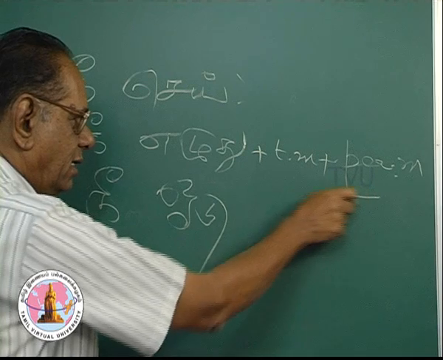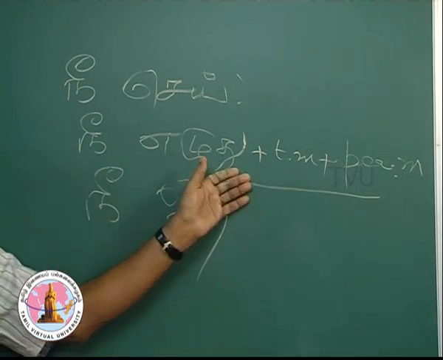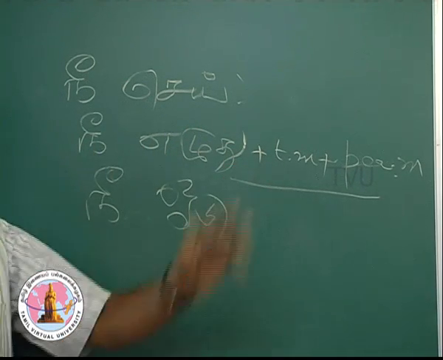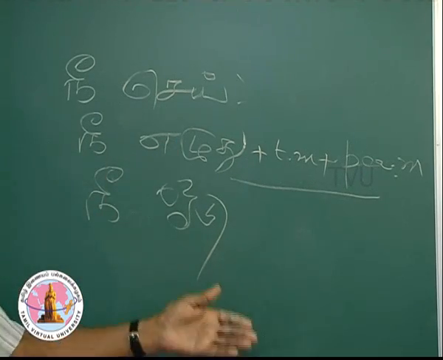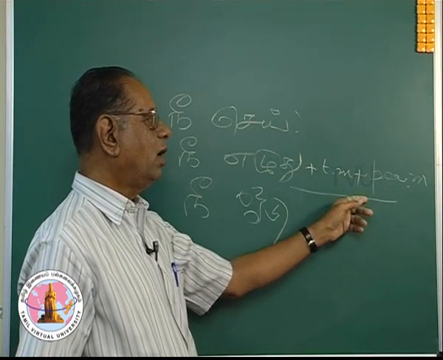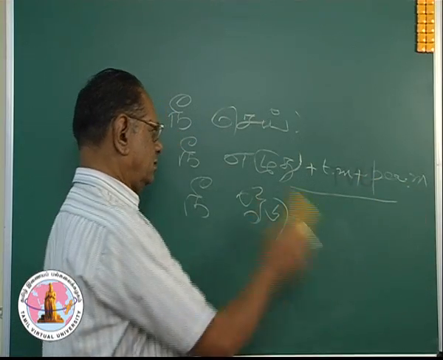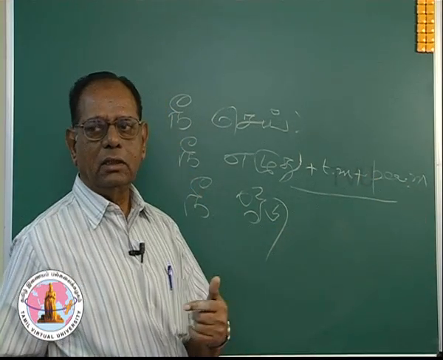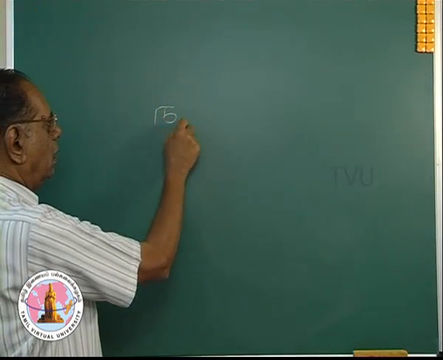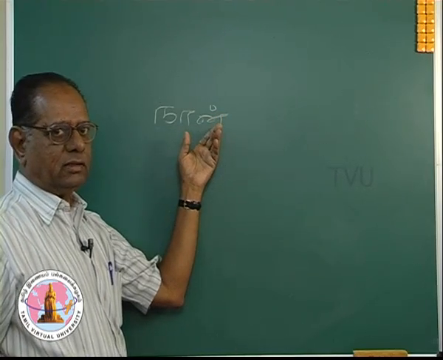Now when we add these two, that becomes a statement. நீ எழுது is a command, நீ எழுதுகிறாய் is a statement. Now we have to find out what the tense marker is and what are the personal markers or personal suffixes. Let us start with the personal suffixes. Non first person singular.